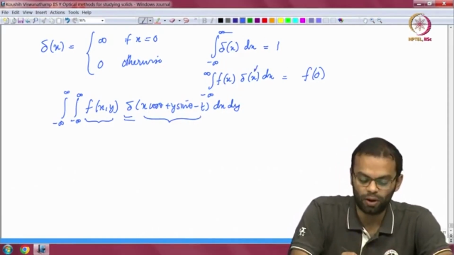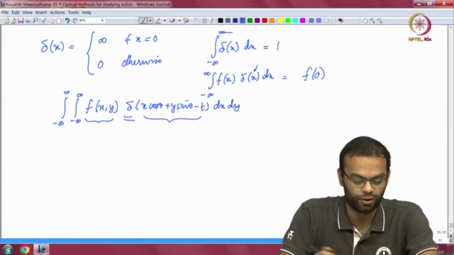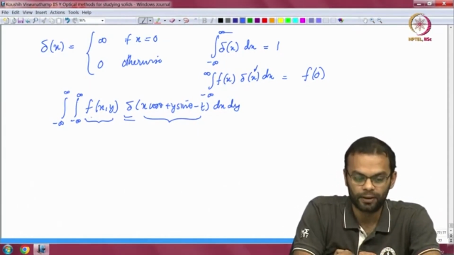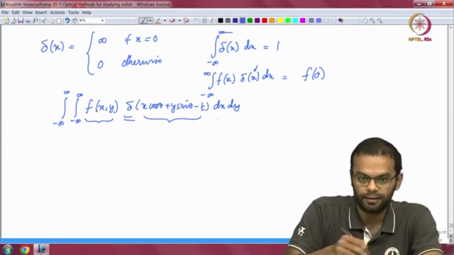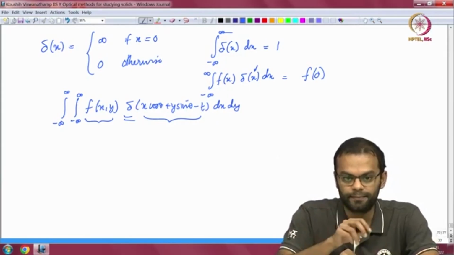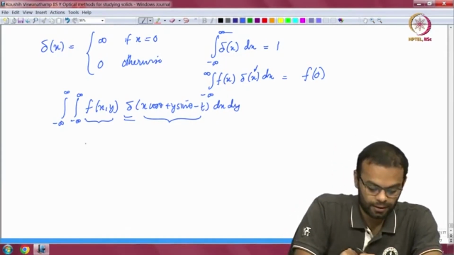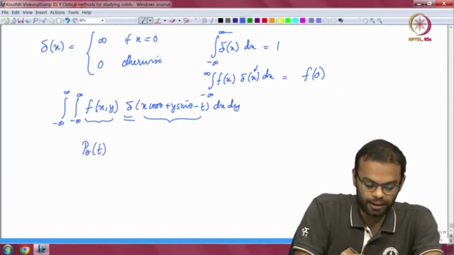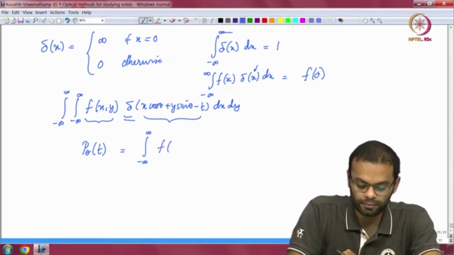This is picking out this whole argument equal to 0, and the whole argument equal to 0 is the equation of the line, right. So, it is going to pick out the value of f along that line and you will get an integral in the direction of that line. Okay. That is a representation of the same integral. But nonetheless we will just assume that we have this going.